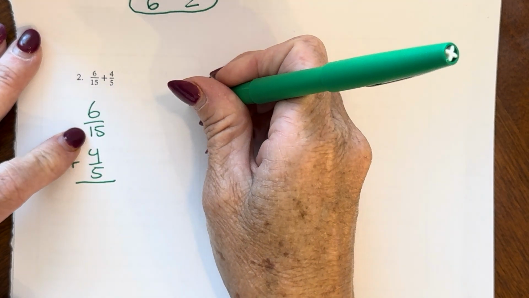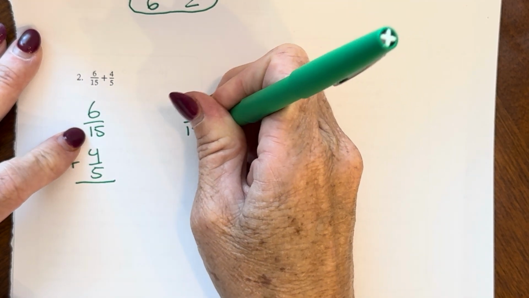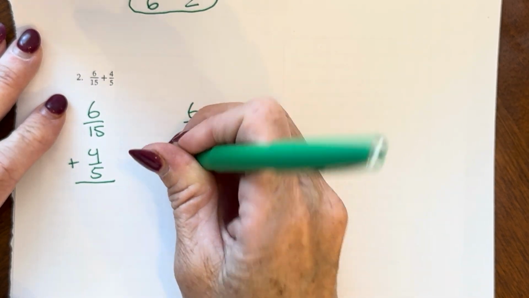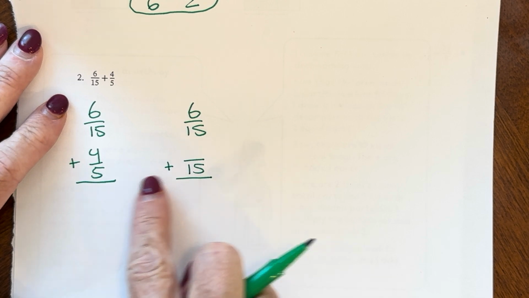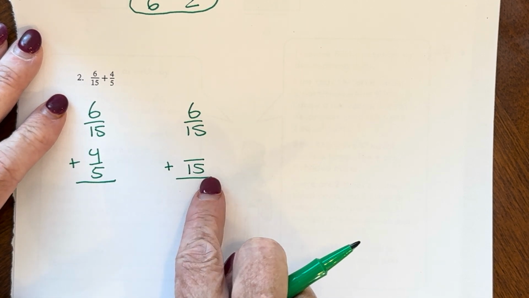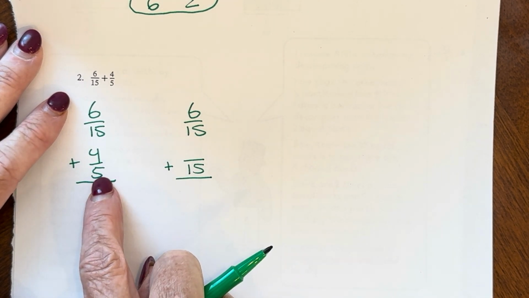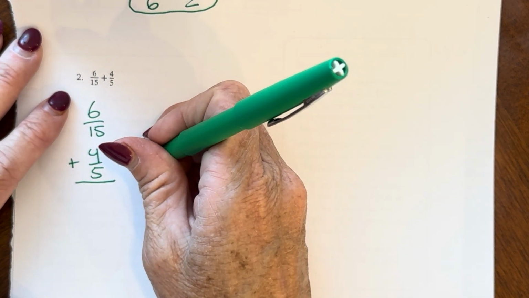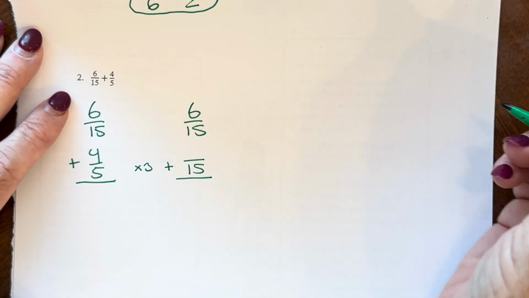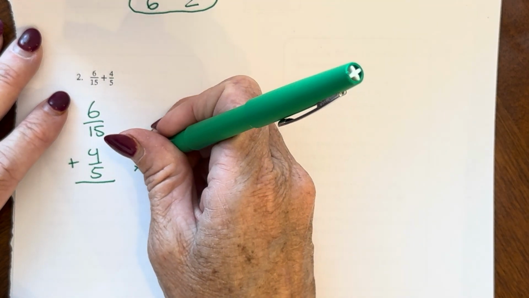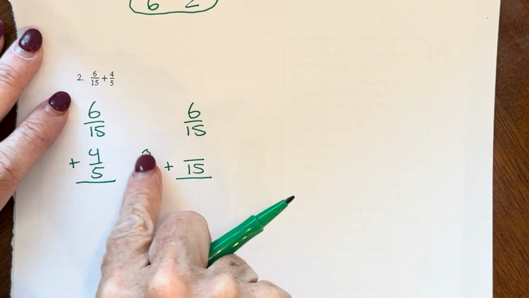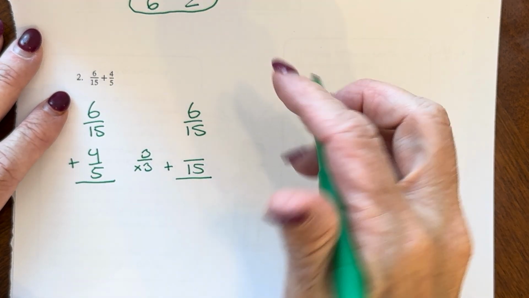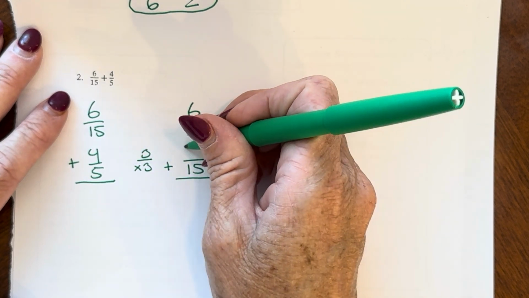So that is going to be our denominator we're going to use. We're going to change 4/5 to have a denominator of 15. What would we have to multiply 5 by to get to 15? Well, if we multiply it by 3, it will get to 15. So we're going to multiply our whole fraction by 3/3, because then we don't change the value. So 4 times 3 is 12.